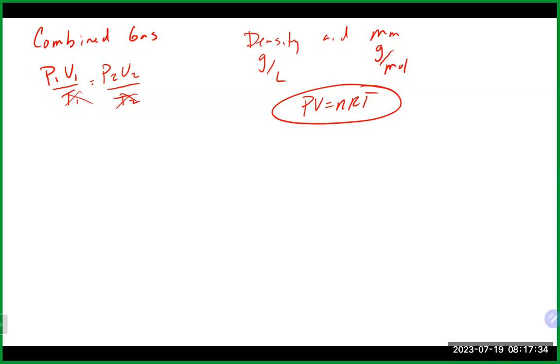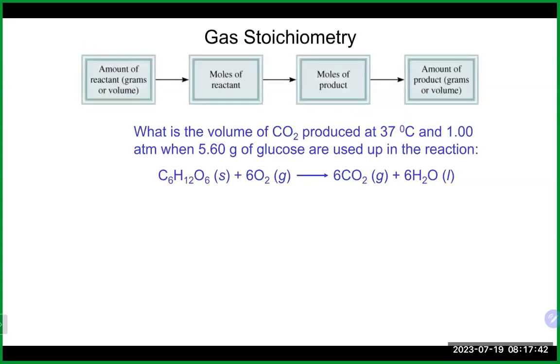So I think where we are at after that is, let's continue on. Where we left off was gas stoichiometry. Gas stoichiometry works really the same way as all the stoichiometries, basic stoichiometry, solution stoichiometry.